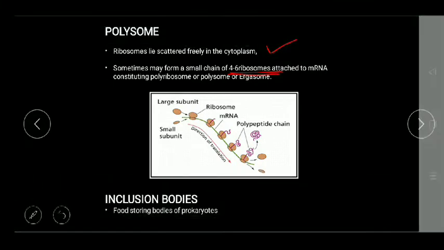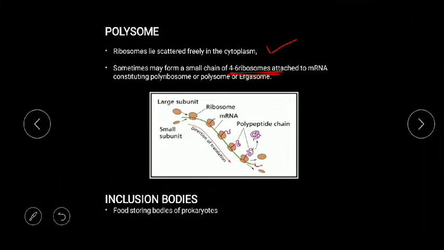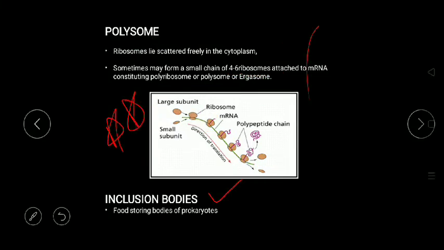Like you can see here, this green color is mRNA, and over it the orange colored structures are ribosomes. Multiple ribosomes are attached over a single mRNA, which can be 4 to 6. Then it is known as a polyribosome. This polyribosome is also known as polysome or ergasome. Remember, this is also an important star mark question because it was asked earlier in NEET.